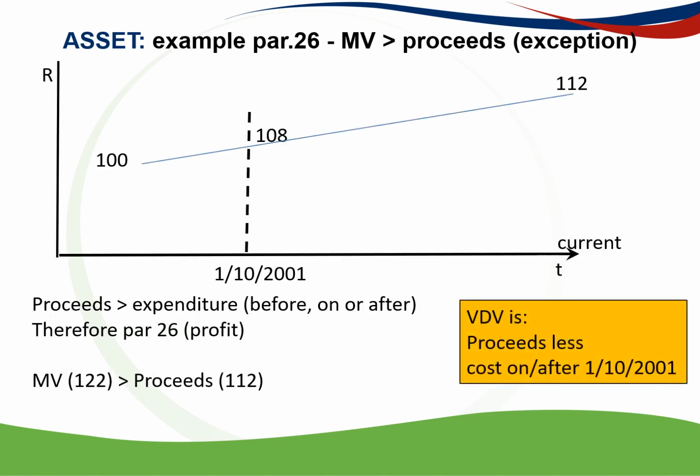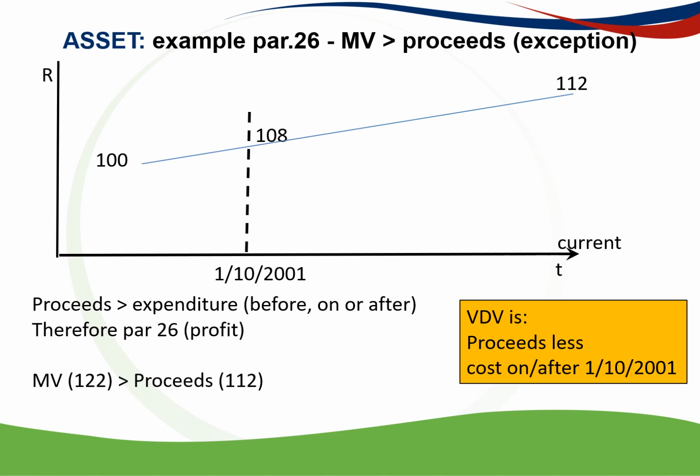So paragraph 26 applies, but this is the exception because the market value exceeds the proceeds. So there is a profit situation, but the market value is 122 and the proceeds 112. So in this instance, the valuation date value is calculated as the proceeds less the cost incurred on or after 1 October 2001.